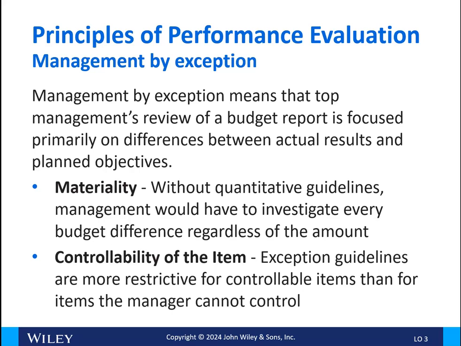So that's a controllable item. If it's an allocation or something else that I can't control, then it shouldn't be on my report because it's just an amount that showed up. And if there's a variance to that, I haven't directly impacted or controlled why there's a variance.